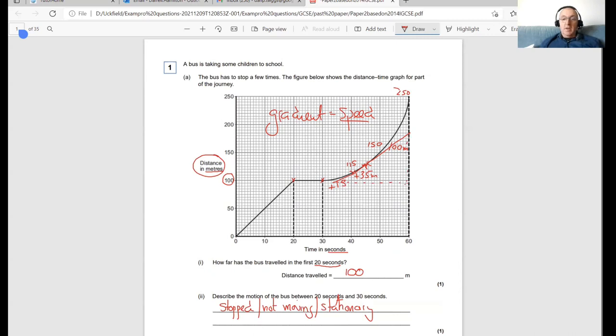So the vertical bit there, I've got to 3 squares short of 200. Each of those being 5 meters. So that's 15 short of 200. That is 185. And that end is 1 short of 100. So that's 95. So the vertical change here is 90.